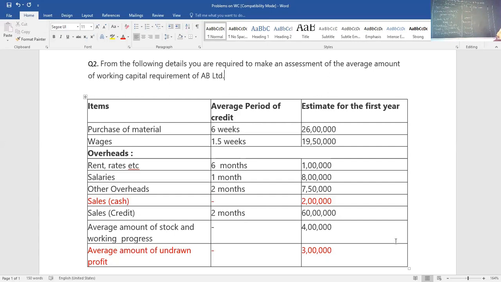It's 1 lakh into 6 by 12. Have they given in months? Yes. Okay, so it's 1 lakh into 6 divided by 12. How much are you getting? 50,000.